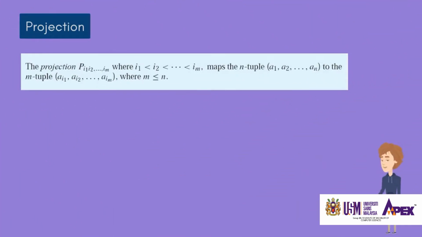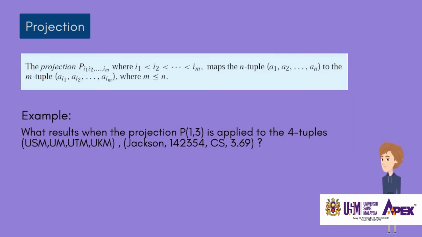Projection. The projection P_i1,i2,...,im, where i1 < i2 < ... < im, maps the n-tuple (a1, a2, ..., an) to the m-tuple (a_i1, a_i2, ..., a_im), where m is less than or equal to n.